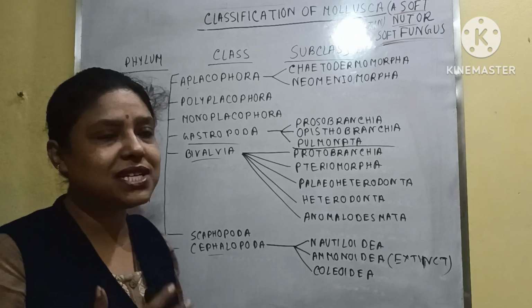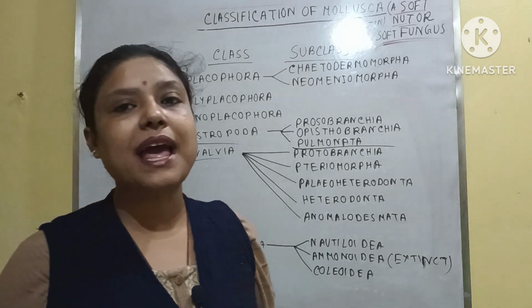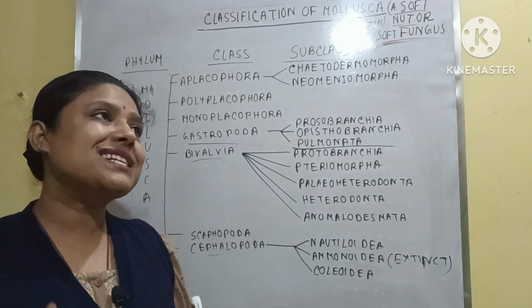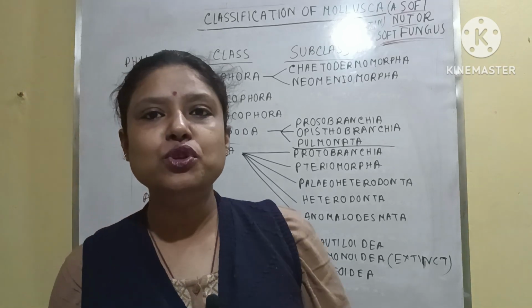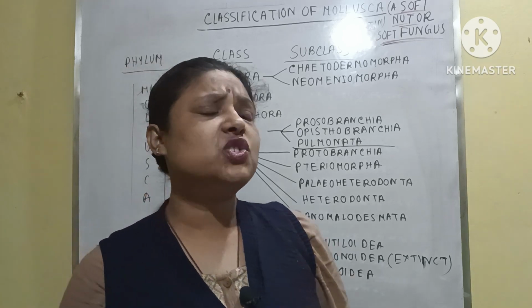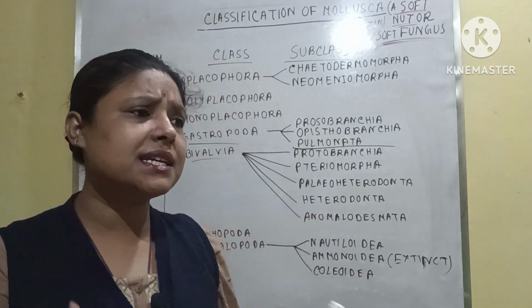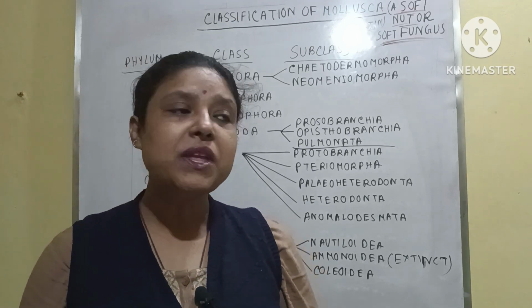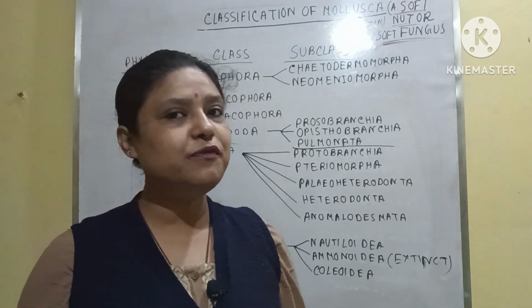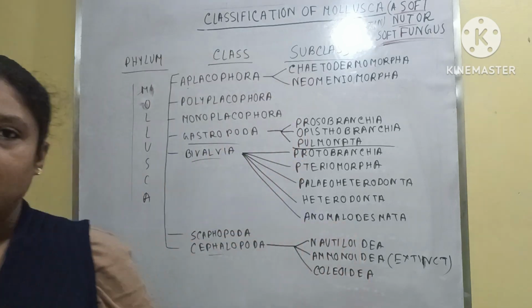And here I just try to explain the external features only, because only external features are helpful to identify any species. So you can check out the internal features by consulting any invertebrate book. Clear? Here I will explain only the external features of the species.